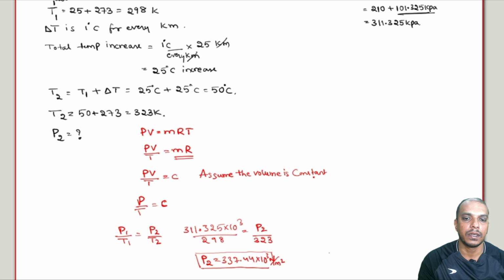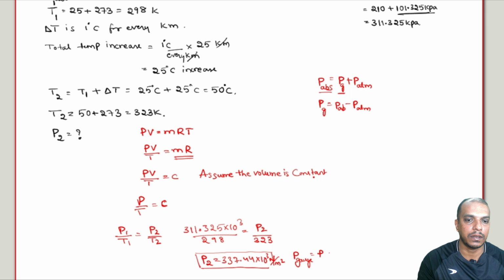Remember, this is the absolute pressure. If you want gauge pressure, the atmospheric pressure has to be subtracted. So, gauge pressure, we know this equation, right? P absolute is equal to P gauge plus P atmospheric. Now, if you have absolute pressure and you want gauge pressure, it will be equal to absolute minus atmospheric pressure.